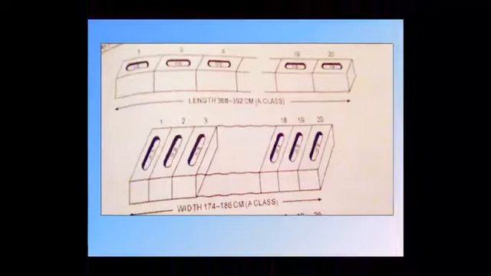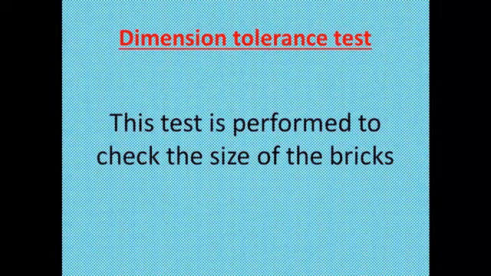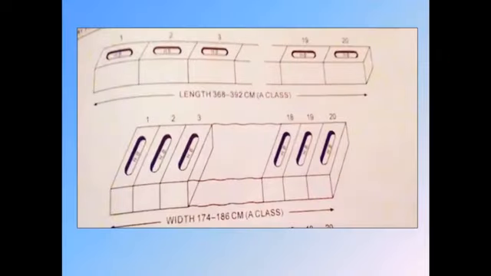And then we can also check the bricks for width. For width, bricks are laid widthwise. The overall length of the brick row is then measured in each case, and this shall be within specified dimensions.